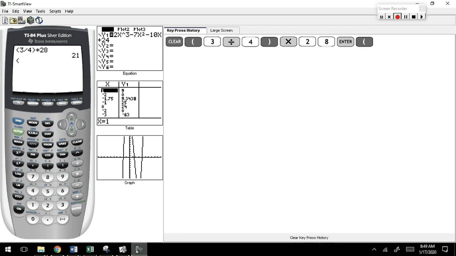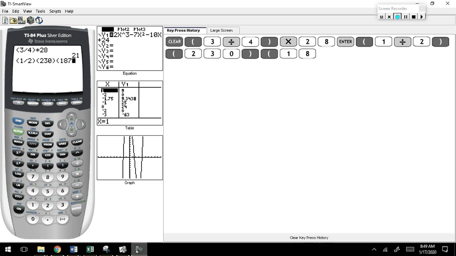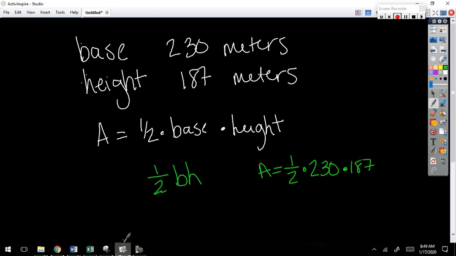Remember, fractions go in parentheses. Y'all gonna have to get a calculator. What was the other one? 187. 21,505 meters. Wow. That is a lot. But those pyramids are big.